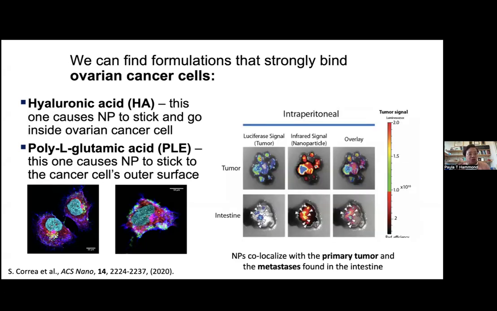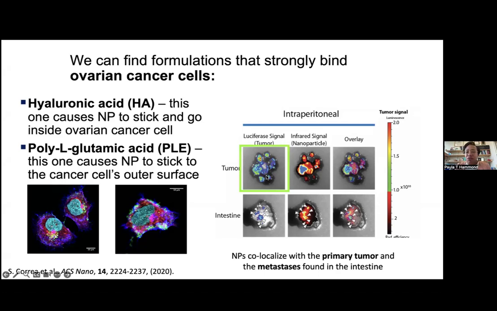Both of these formulations are really faithful to where the tumor is. So because ovarian cancer spreads throughout the abdominal cavity or the peritoneal cavity, if you inject it using injection that is intraperitoneal directly into that abdominal cavity, about 85 to 90% of the nanoparticles go to tumor.